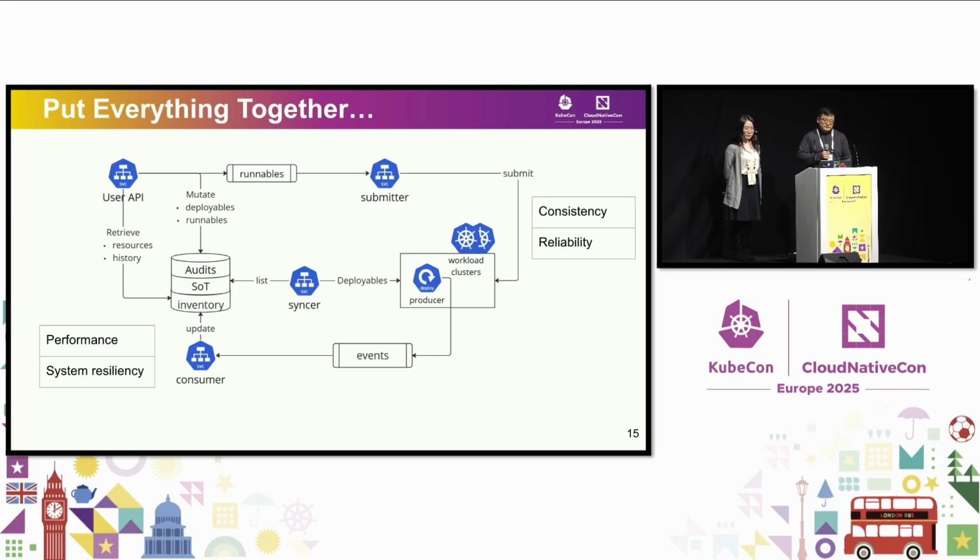And once the resource lands on the cluster, for post-deployment status tracking, we want to build a user interface and API with low latency and high resiliency. We also want to preserve historical transactions for auditing purposes and traceability.